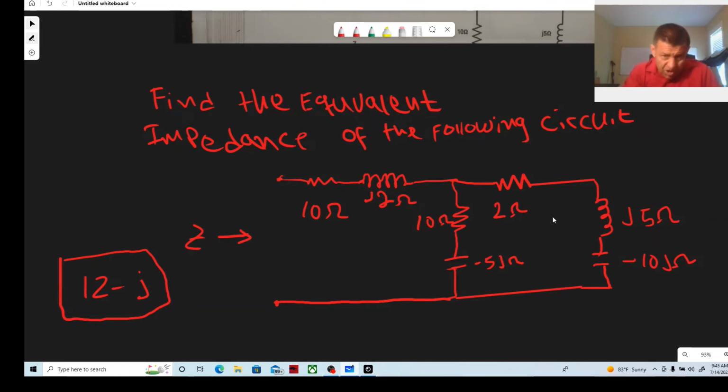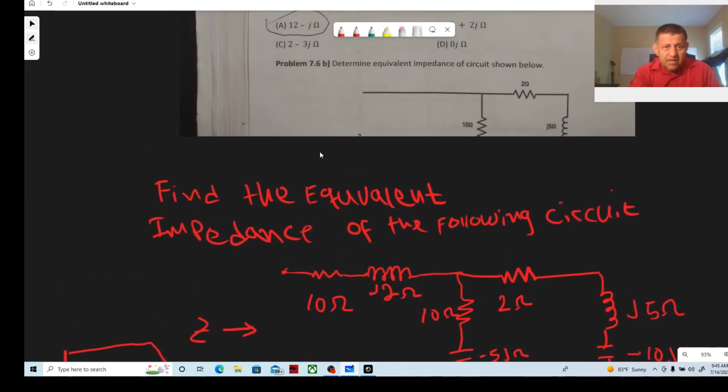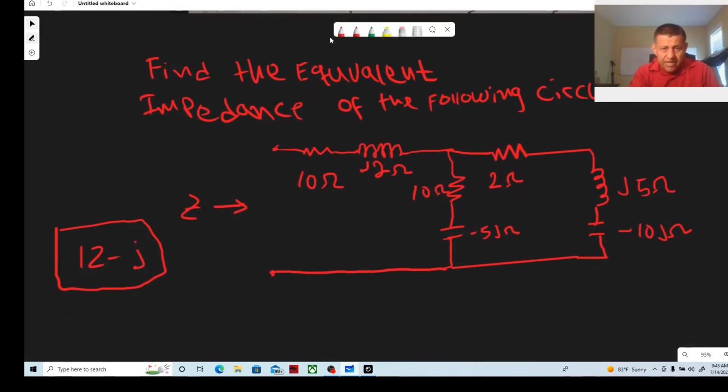Okay, so with that being said, let's get started. This is the answer right there, A, and we will see how we get that A. The answer has been rounded off. That's why I decided to put the picture over there, so people can see it, and the answer is not exactly what we get.